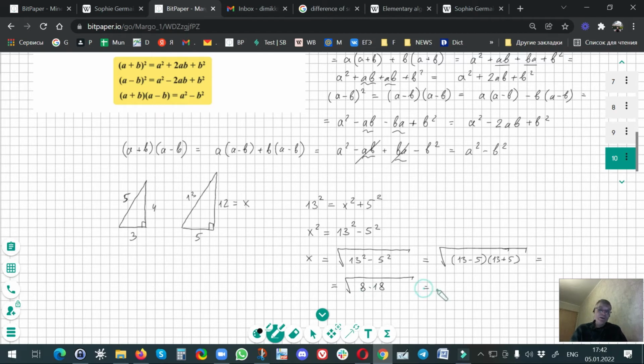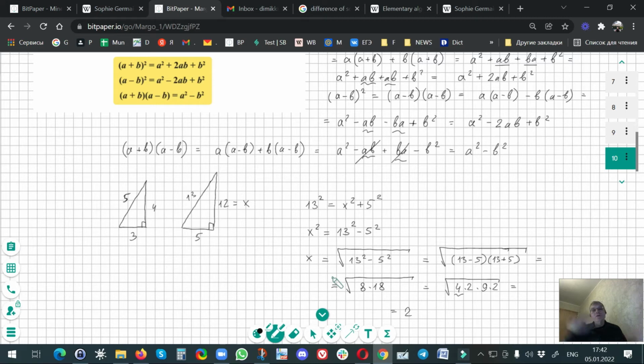But what I have is factorization. I can factor them down to two numbers which I can take square roots from. 8, I know it's 4 by 2. And 18, it's 9 by 2. And what I see now is that there is a 4, so it factors out.